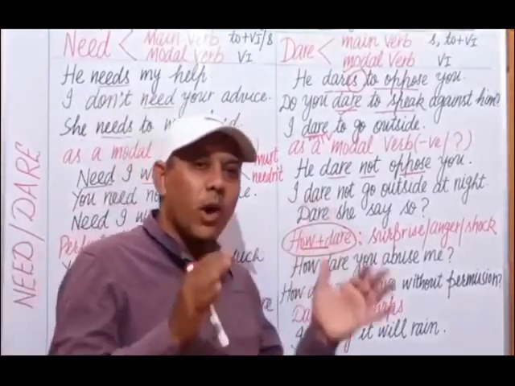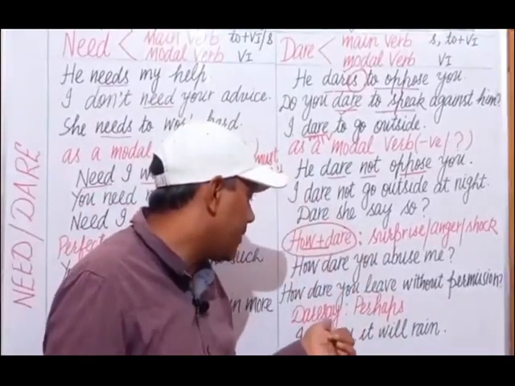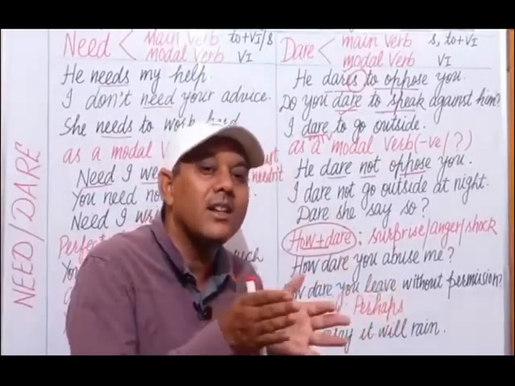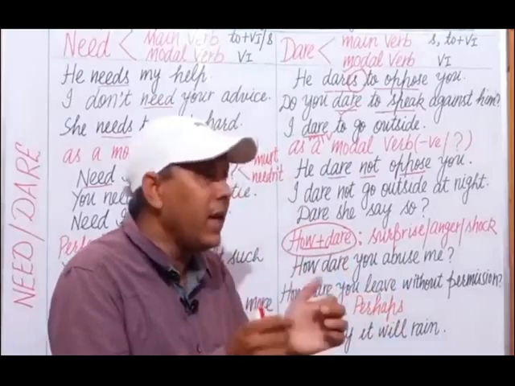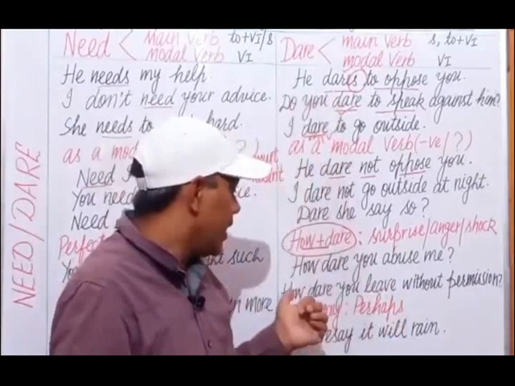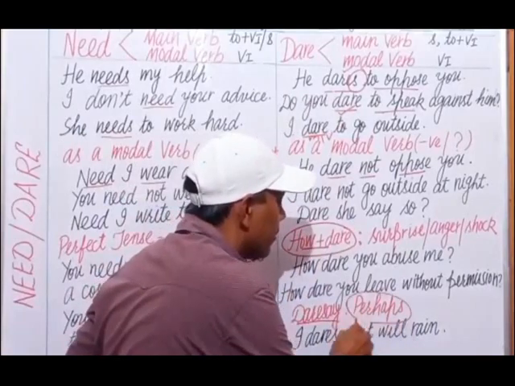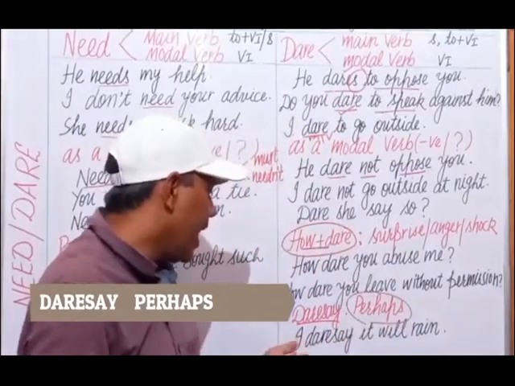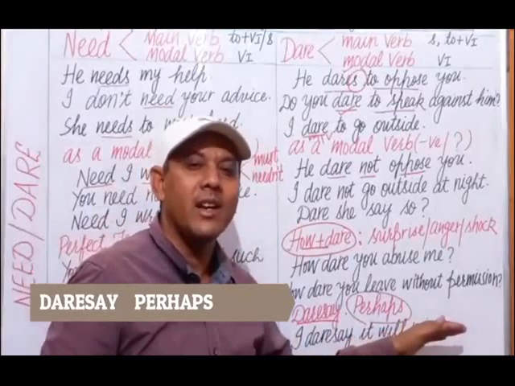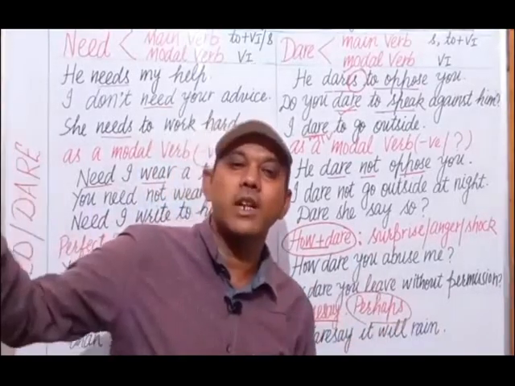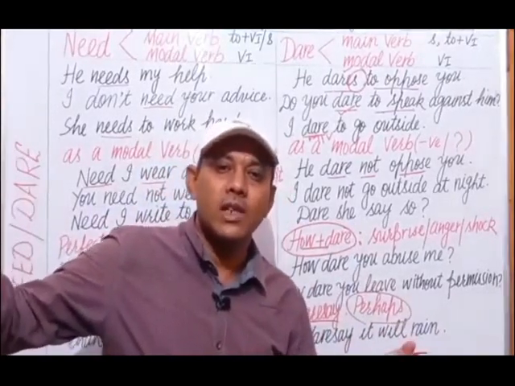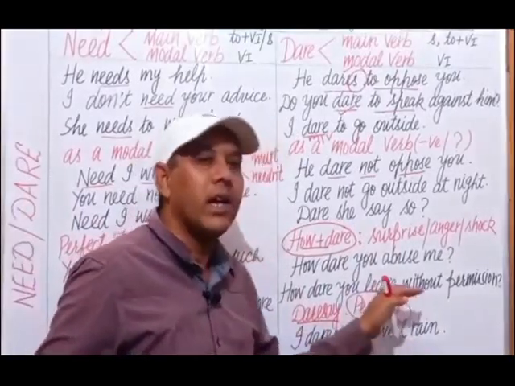And one more word is there, dare say. Dare say, this is another word. It has no relation with dare. Dare say is a single word which means perhaps. For example, I dare say it will rain. मैं कह सकता हूं perhaps it will rain. There are clouds in the sky. I dare say it will rain.